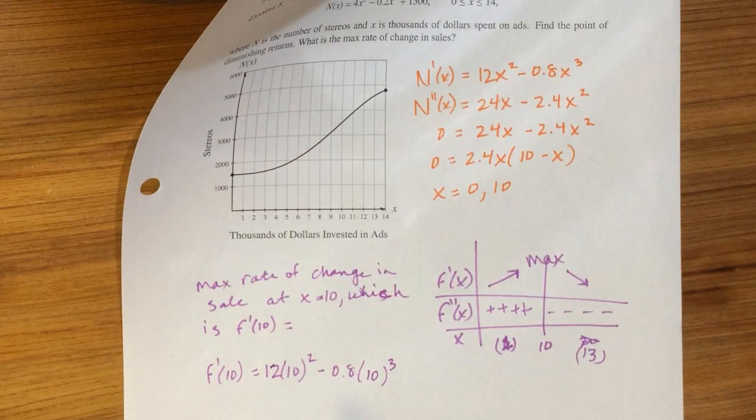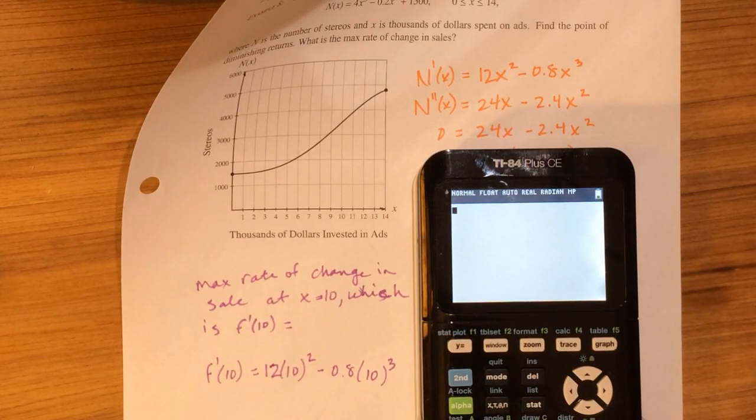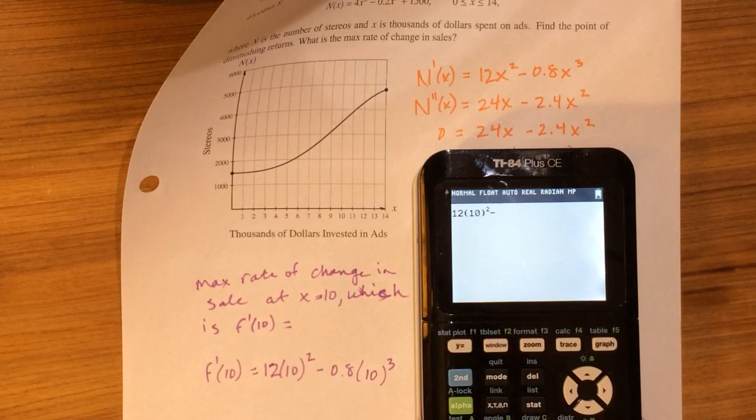Grab my handy dandy calculator here. So I've basically got 12 times 10 squared minus 0.8 times 10 cubed. Where's my cube?